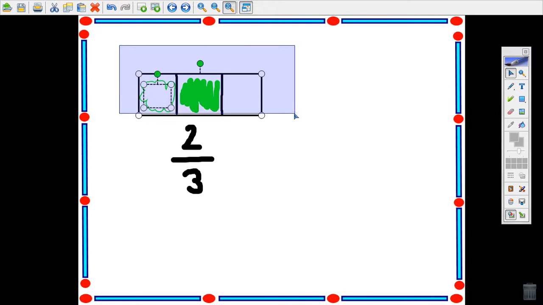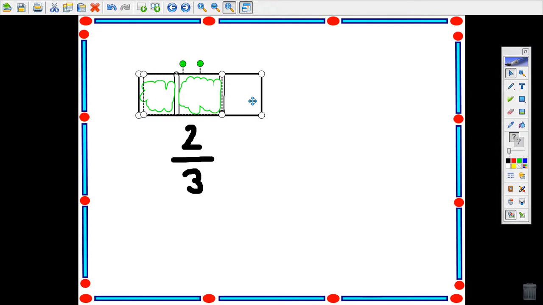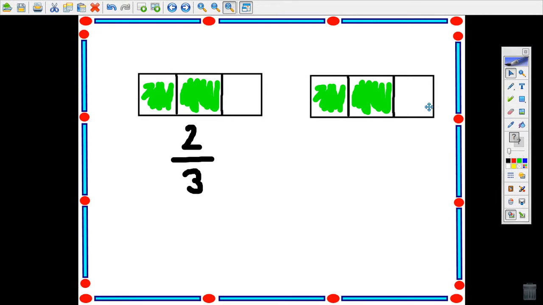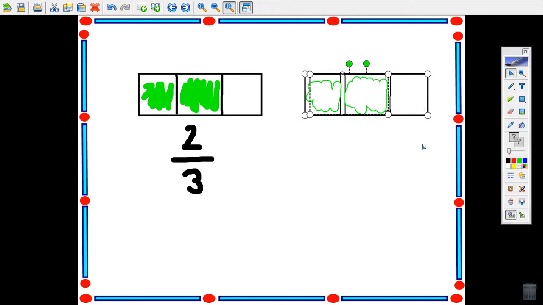Let's find a fraction that's equivalent to this. So to make an equivalent fraction, all we're doing is we're taking the same size shape and cutting into different size pieces.